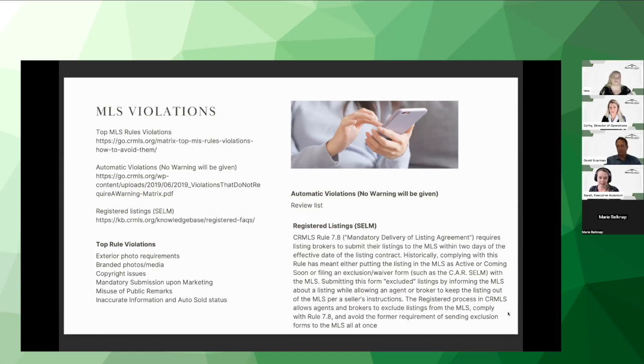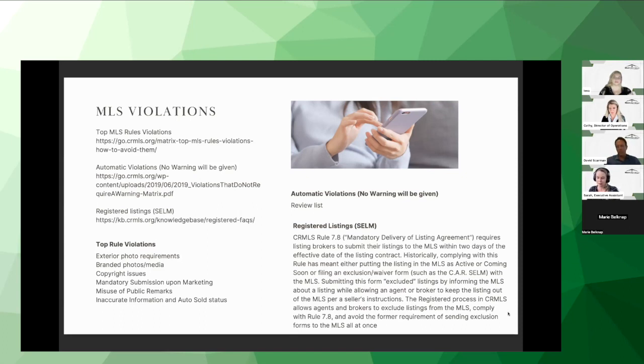And then the last link is about registering listings. So CRMLS Rule 7.8 is the mandatory delivery of the listing agreement, which requires listing brokers to submit their listings to the MLS within 2 days of the effective date on the listing contract. Historically, complying with the rule has meant to either put the listing on the MLS as active or coming soon, or filing with the MLS the SELM form, which excludes the listing per the seller's instructions.